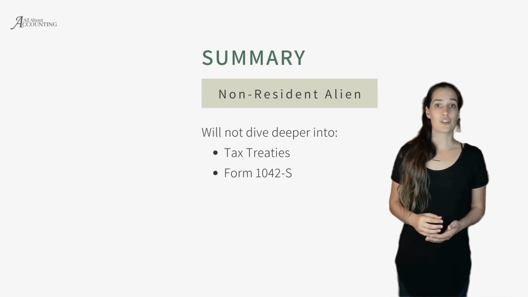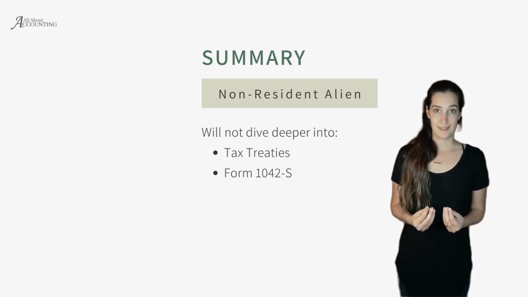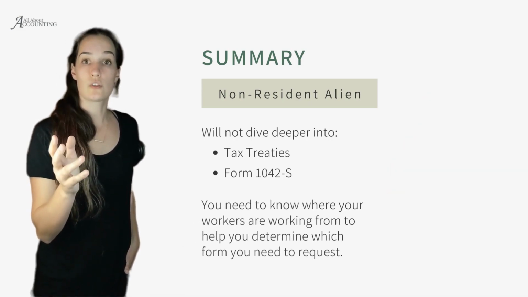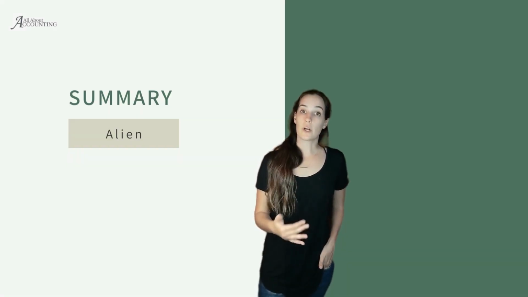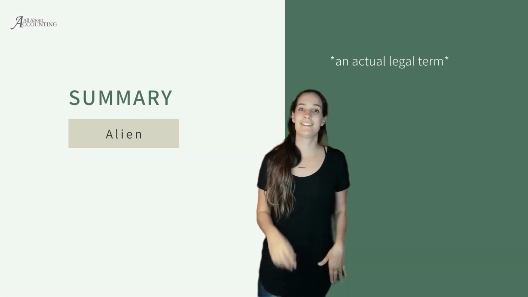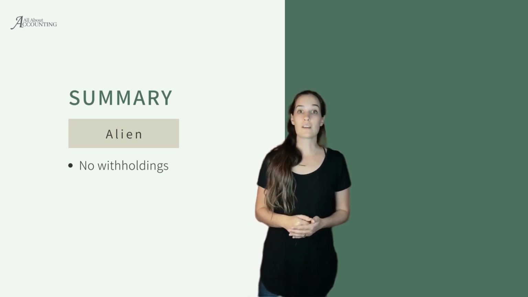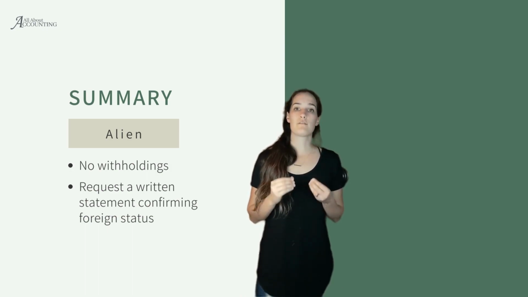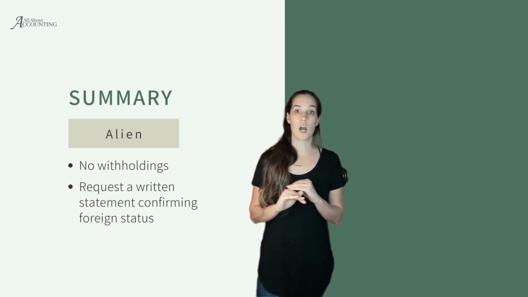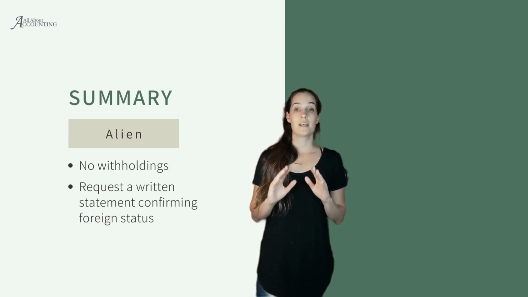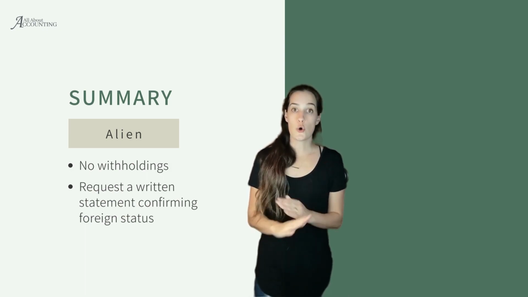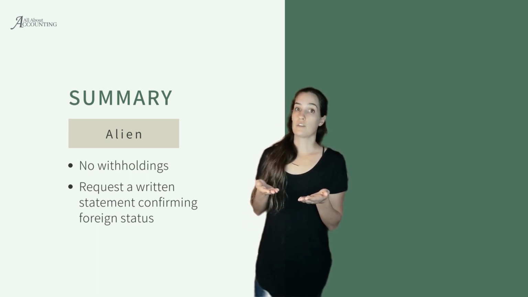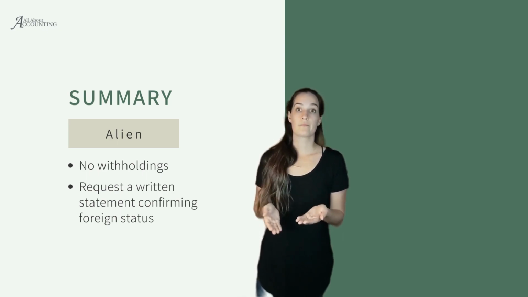I really just want to make sure people are aware that it exists in this specific scenario, which is really: you need to know where your workers are working from. If you or your worker is classified as an alien, then there is no withholding and it is recommended that you request a written, signed and dated statement from the foreign worker saying that they are not subject to U.S. taxes because they have no U.S.-sourced income and are a citizen of, fill in the blank, the country that they are working in and from.